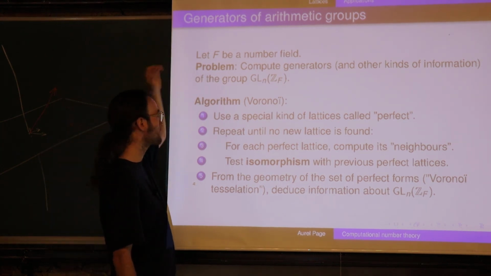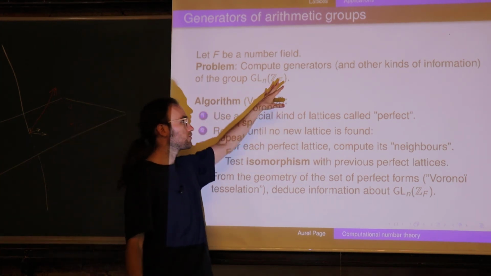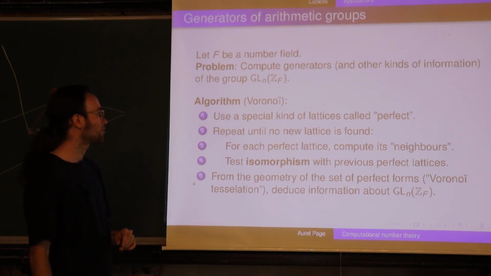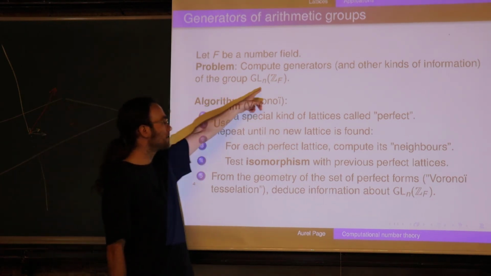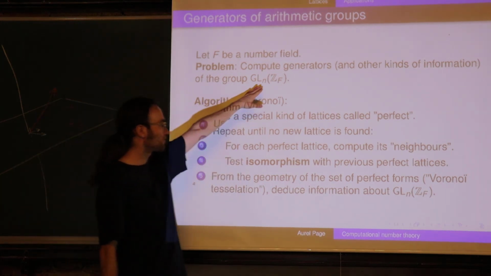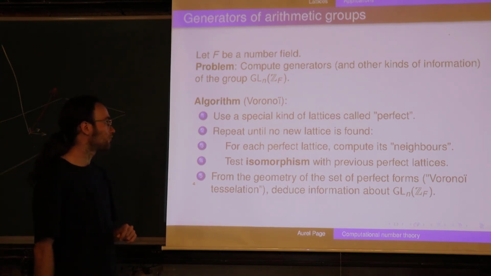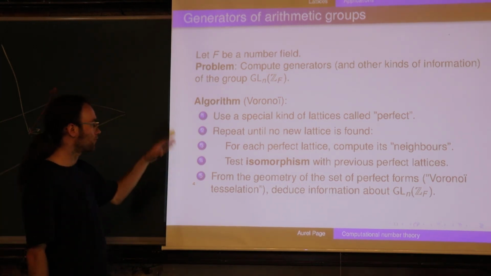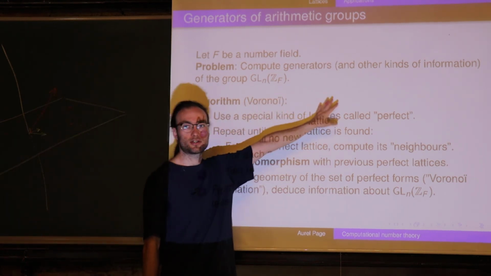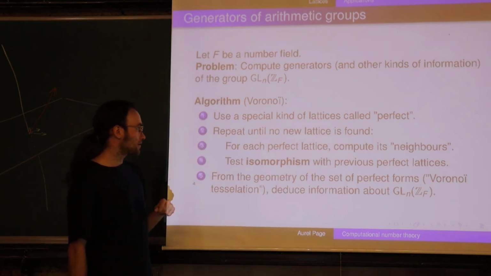So the problem is you're given a number field and you want to compute a set of generators, and usually some other kind of information that I'm not going to tell you about in detail, for the group GLN of Z, N by N matrices over the ring of integers. And there's an algorithm due to Voronoi, which follows roughly the following sketch. It uses a special kind of lattices, which are called perfect. And it goes like this.